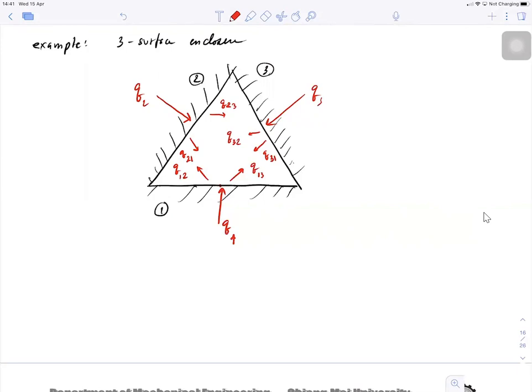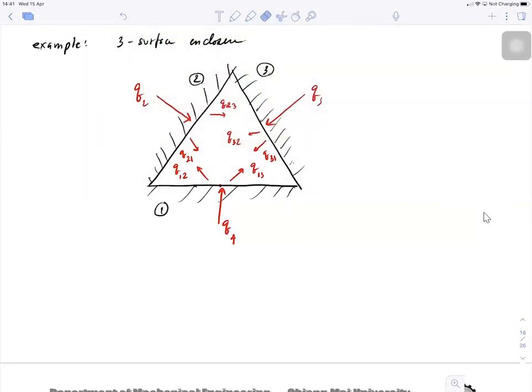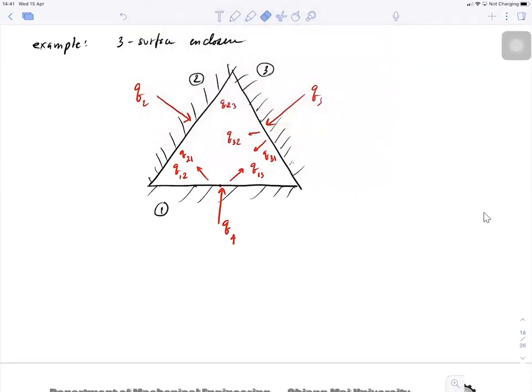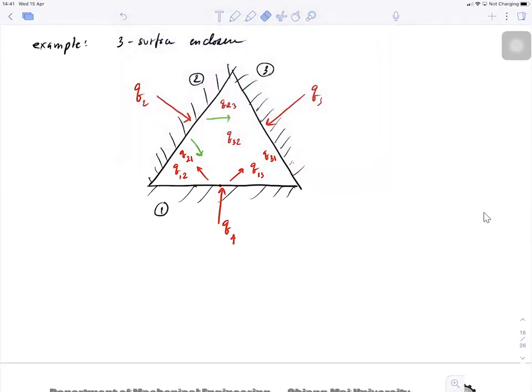Okay. Actually, I should use the color code here. Let me do it. Okay, and then the blue one would be here.